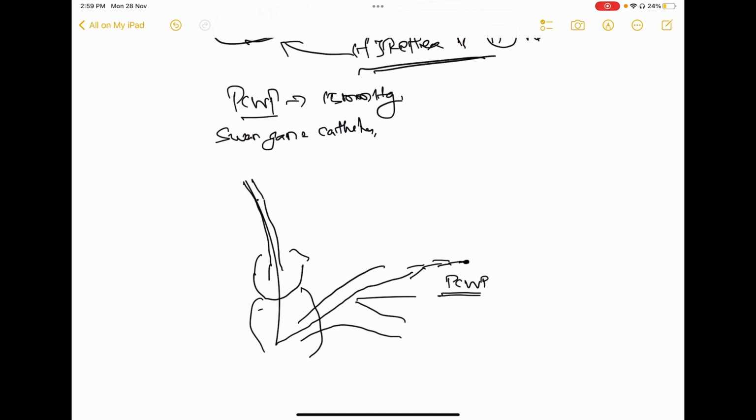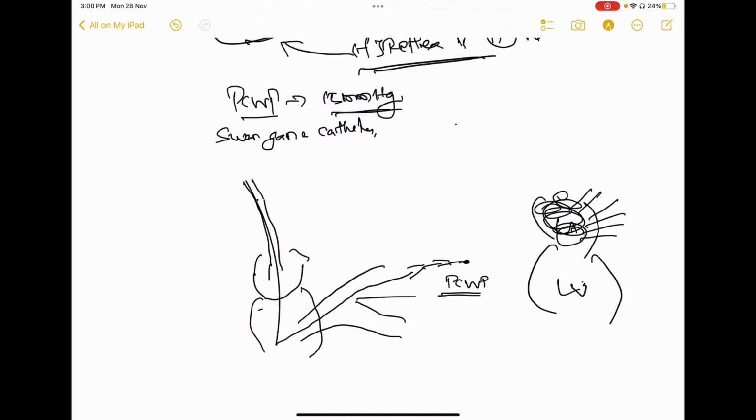Pulmonary capillary wedge pressure is determined to distinguish between cardiogenic and non-cardiogenic pulmonary edema. For example, if the patient is having left heart failure, there is going to be a backup of blood. Say this is the left atrium and this is the left ventricle. The left heart has failed, so blood accumulates here, and this receives its input from the pulmonary veins, which are coming from the lungs.